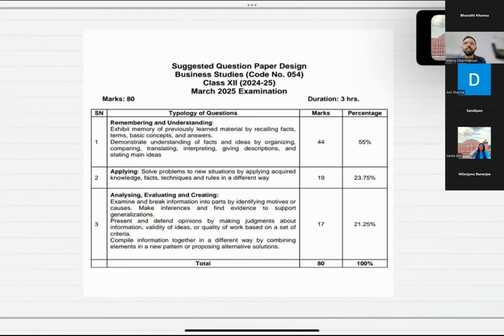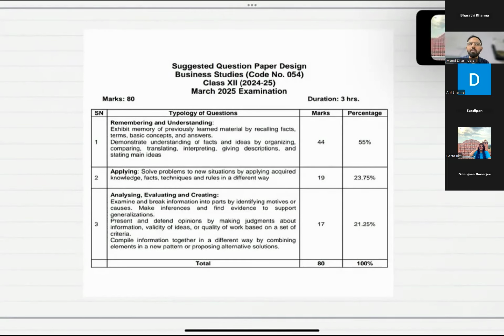But this includes that 20% of criteria, where CBSE actually wants to evaluate the highly intellectual or highly intelligent student. Because we are all aware that the paper pattern of CBSE is like 30, 50, and 20.